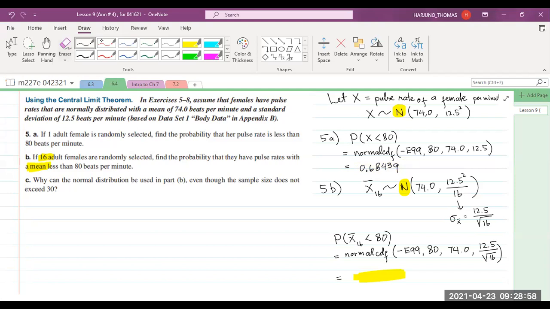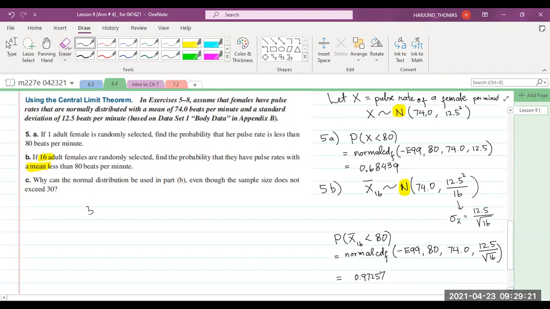And for part B, I get 0.97257. Now please confirm that's what you get. Okay. Make sure you know how to set up the situation.